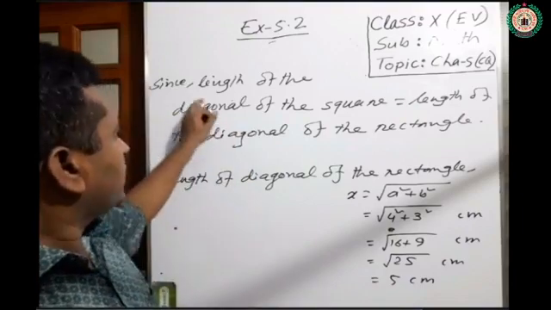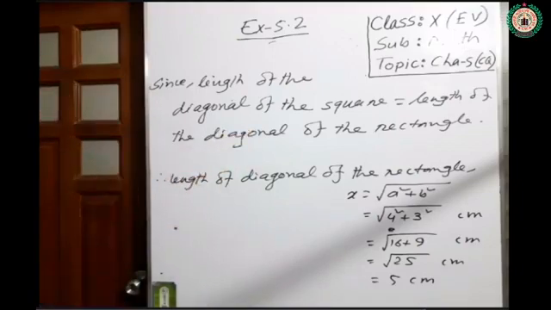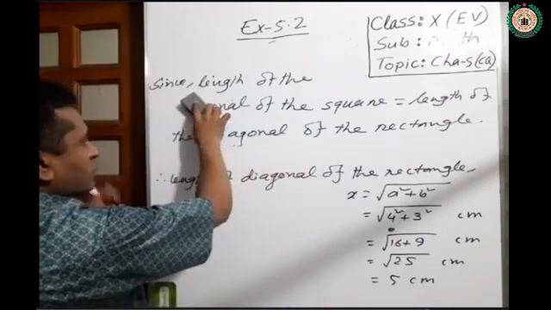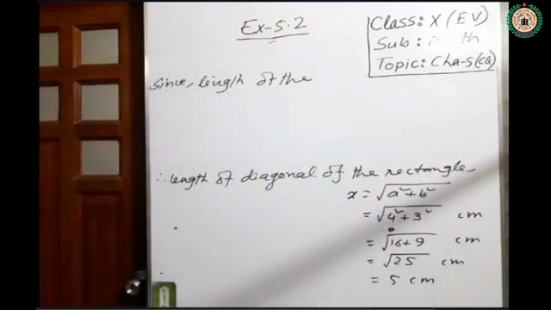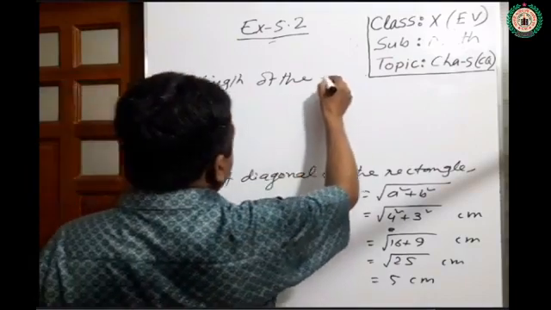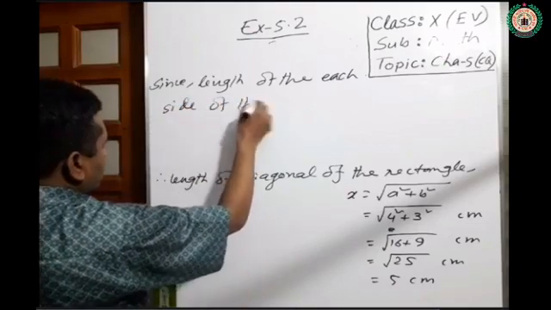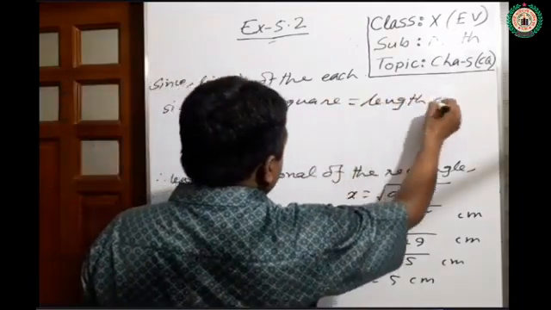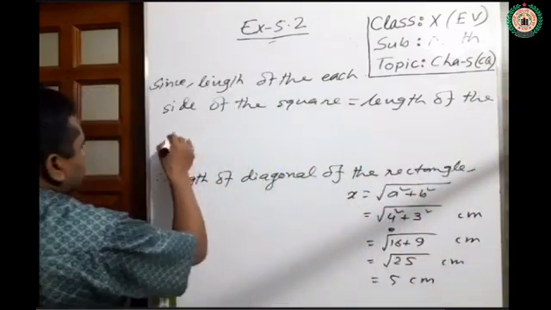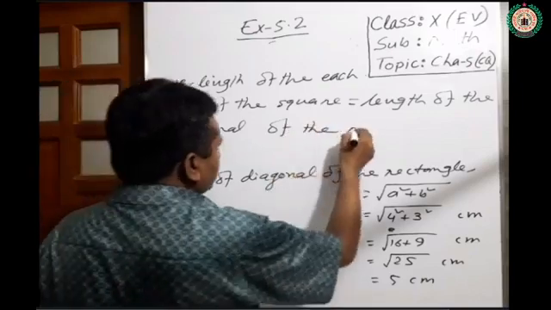So according to the question, you write here length of each side of the square equal to length of the diagonal of the rectangle.